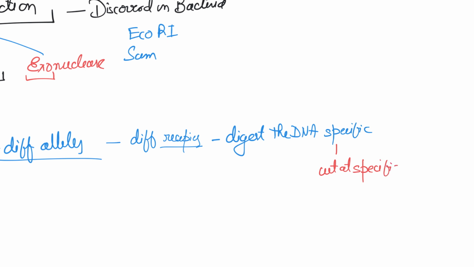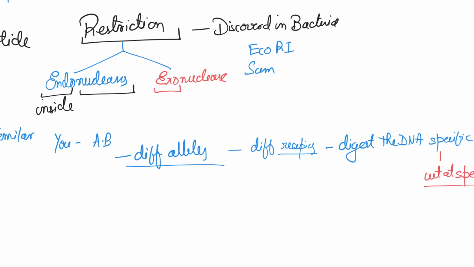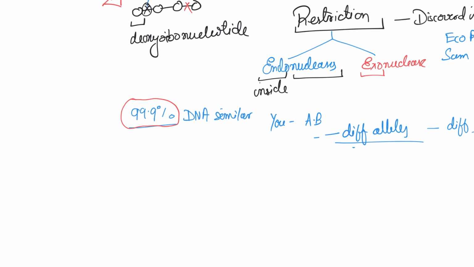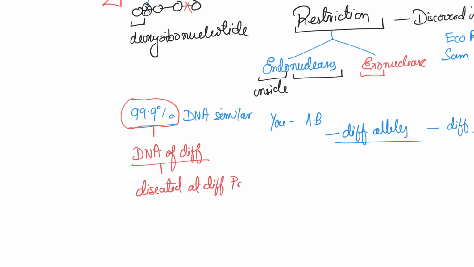They will not cut anywhere, right? They cut at specific points. Because there's only 99.9% similarity, DNA of different people will be dissected at different points. What does that mean?